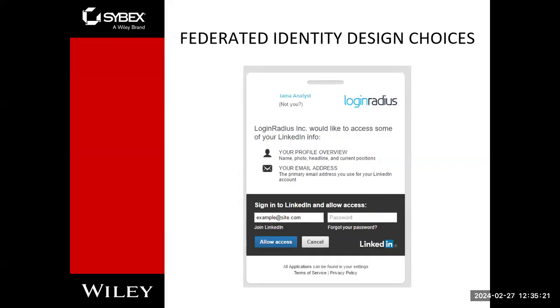All right. This on the back end is run by something called Login Radius. Login Radius is a way that LinkedIn uses its user base in order to have users register to use their accounts for federated services.